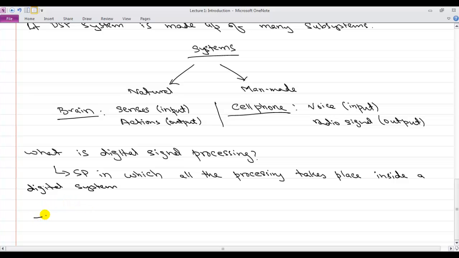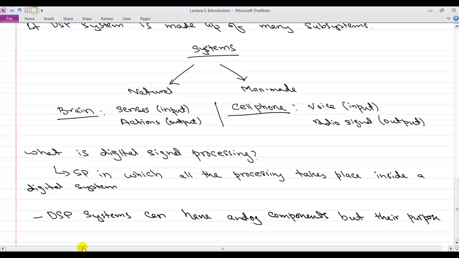So I want to be clear that DSP systems can have analog components, but their purpose is to interface the analog world to the digital world. And the analog components don't do processing.